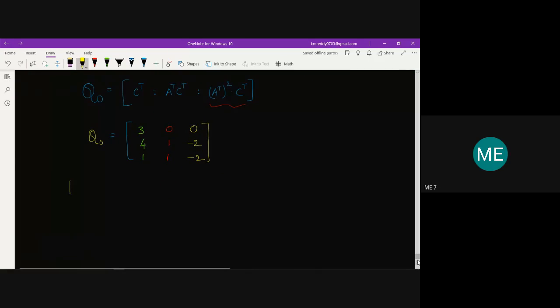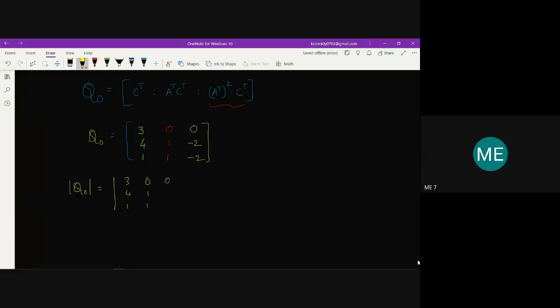So before finding the rank of the matrix, the determinant of Q naught is going to be found. That is the determinant of the matrix 3, 4, 1; 0, 1, 1; and the last row. It will take 3 into minus 1 into minus 2, then minus 1 into minus 2, plus 0 into anything is going to be 0, then plus 0 into anything is going to be 0.